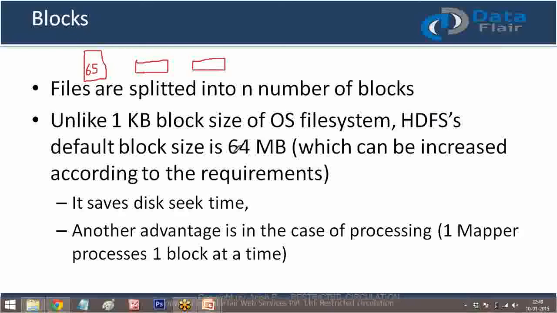So my first block will be completely filled, since I have 64 MB of data. The first block will store 64 MB of data. What about the second block? The second block has merely 1 MB of data.